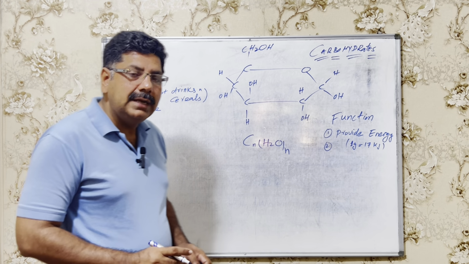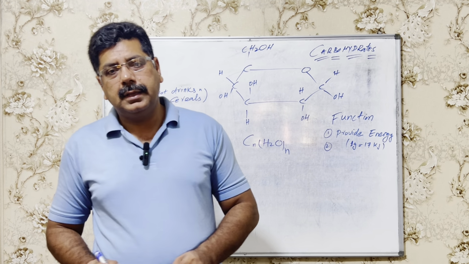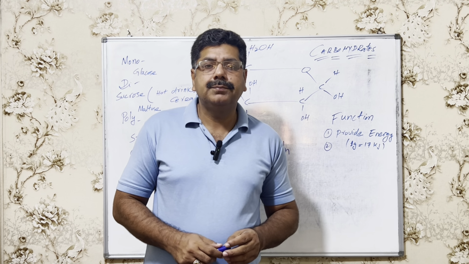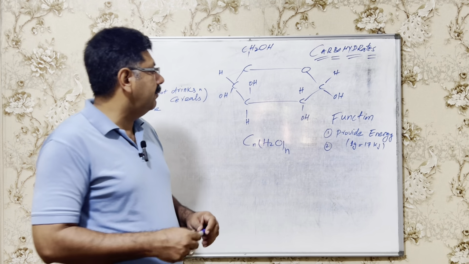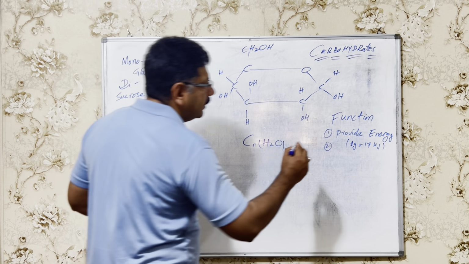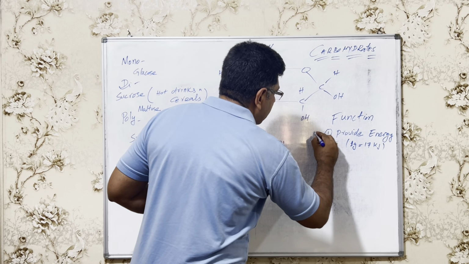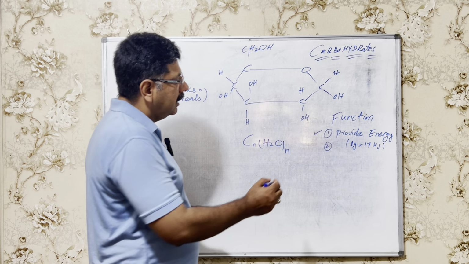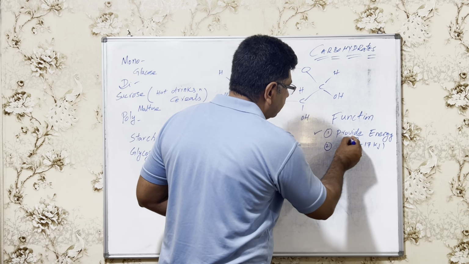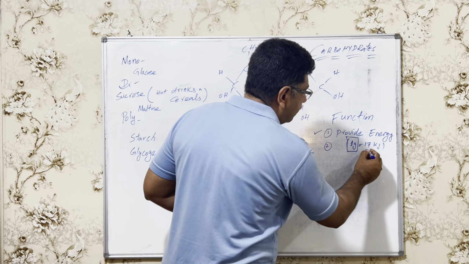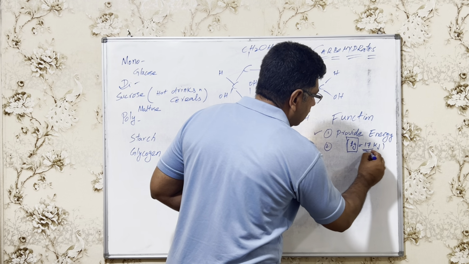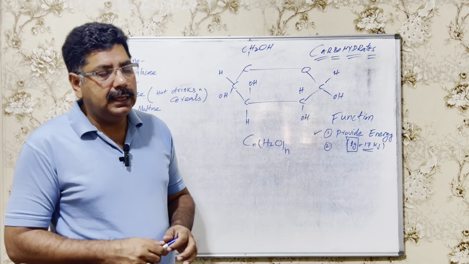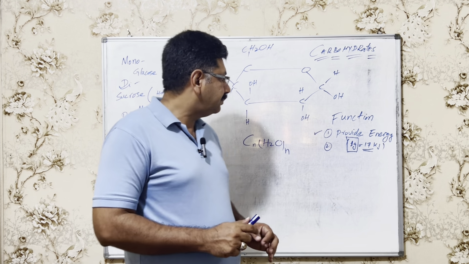These carbohydrates are essential for plants and animals. Why? Their function is to be the primary source of energy, and only 1 gram of it will produce 17 kilojoules of energy for the working of a plant or an animal.